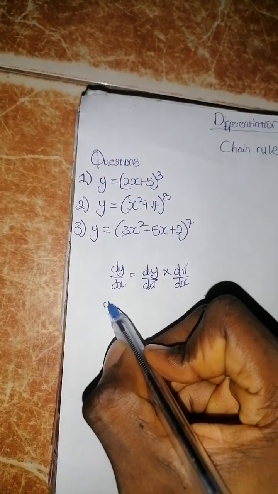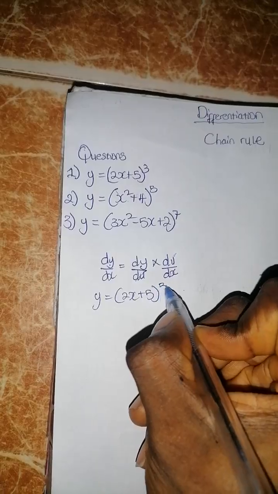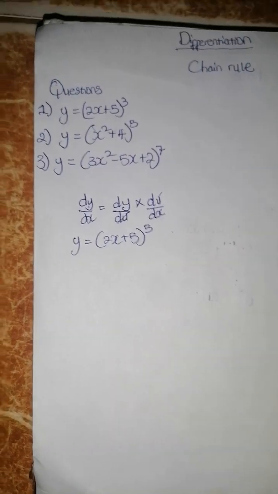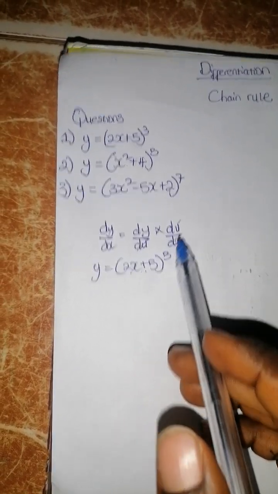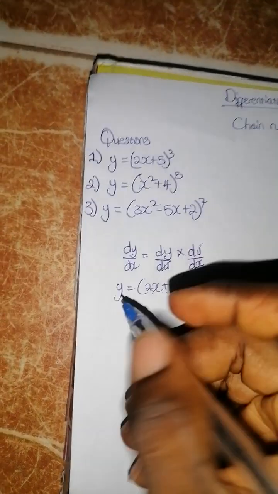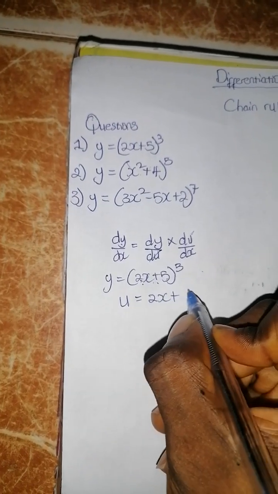We have y equals (2x plus 5) raised to the power of 3. Now remember and always keep in mind that your inside value is always your u. So my u is what? u equals 2x plus 5.